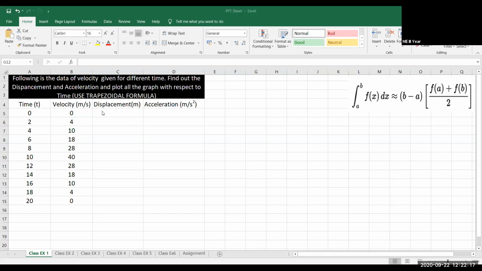So here we will find the displacement using which formula? The trapezoidal formula. So what is the trapezoidal formula? Suppose at time 0, the velocity is 0, then what will be the displacement? Simply 0.